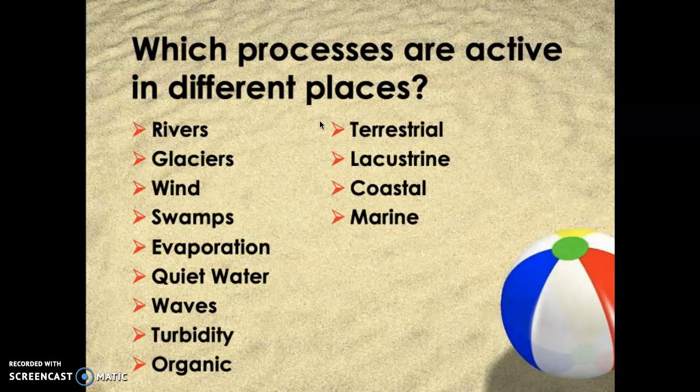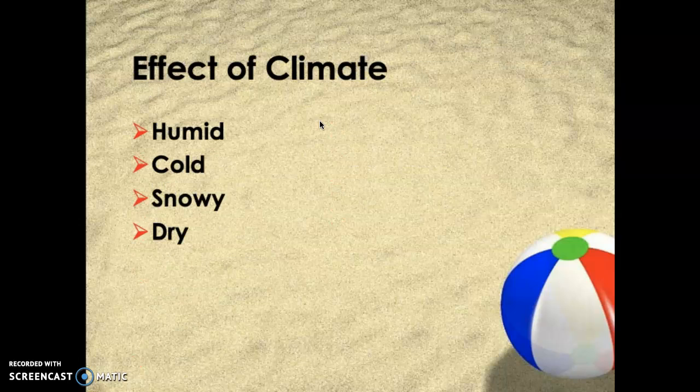So the processes are active in many, many different places. Pretty much everywhere you go on the face of the earth, you can see these processes. The environments where things are deposited also tell us a little bit about the climate.